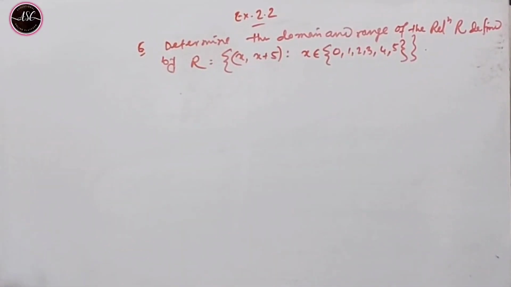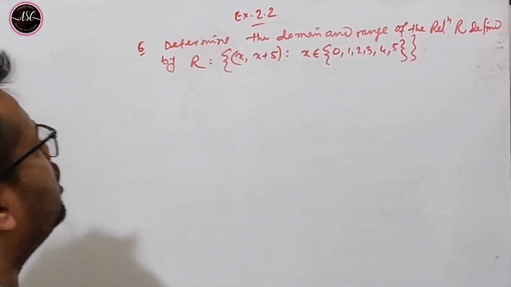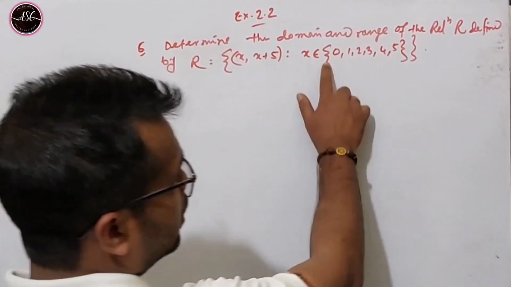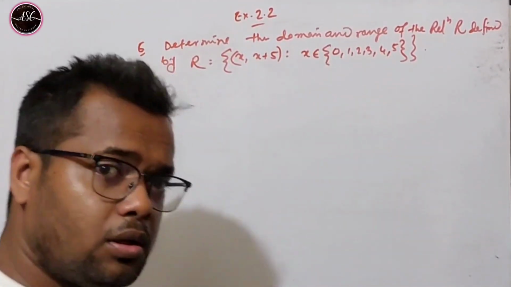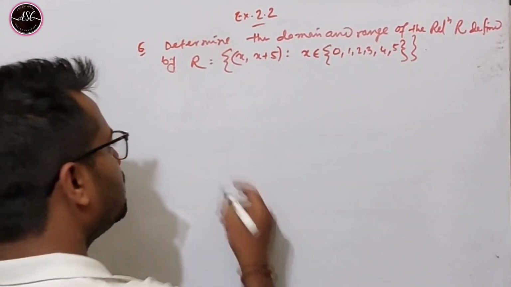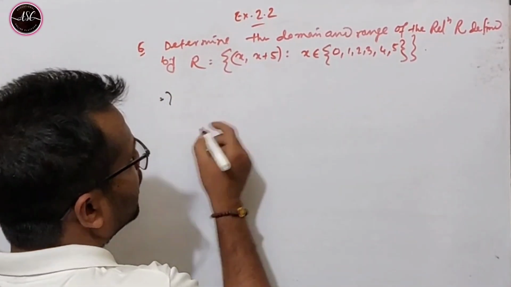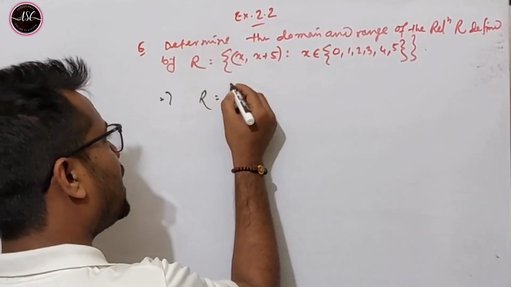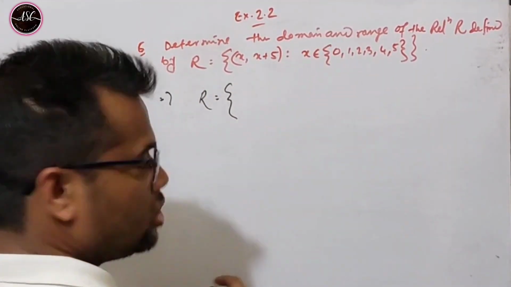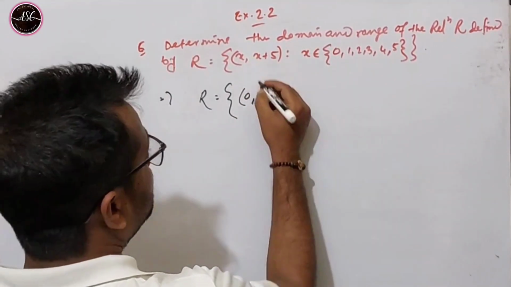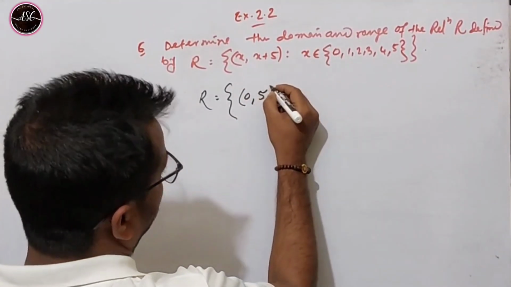Okay, then look at this question. Determine the domain and range of the relation R defined by R equal to {(x, x + 5)} such that x belongs to this set 0 to 5. Okay, so how to solve this? This is so much easy. Here x and x + 5. So in roster form, if we put x equal to 0, then the ordered pair will be (0, 5).